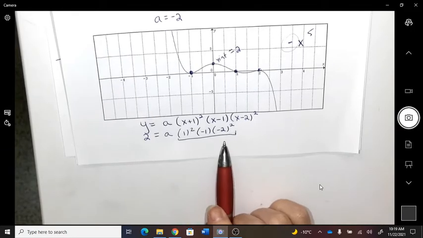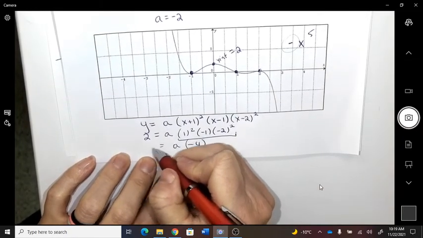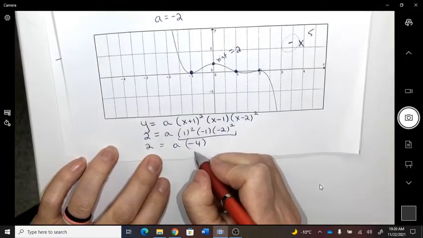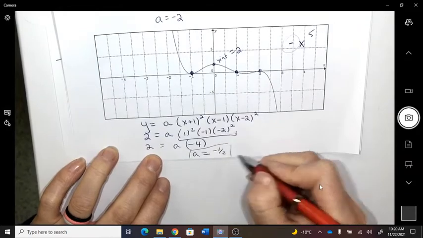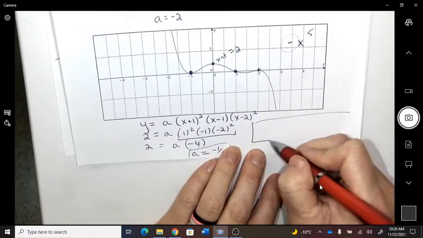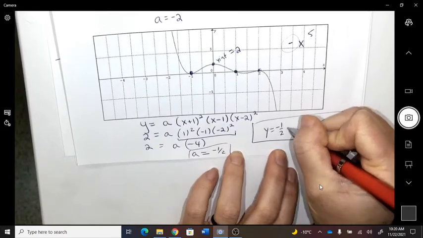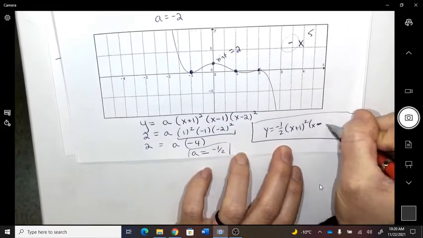One, -1, and +4. -4. So therefore a equals -1/2. So my final equation, and remember at the start, I did know that's a negative coefficient because of the shape.